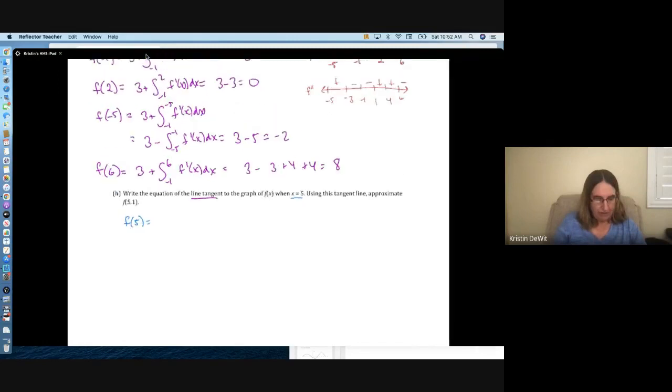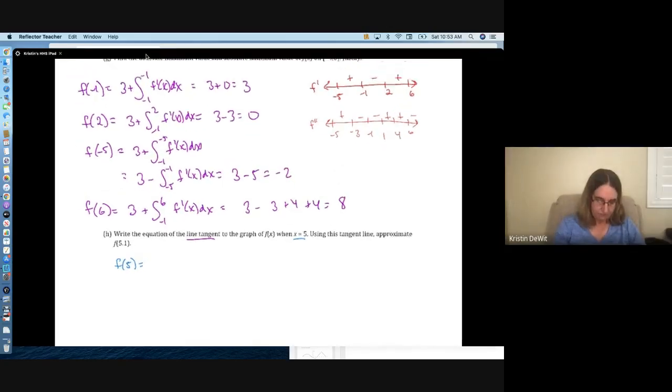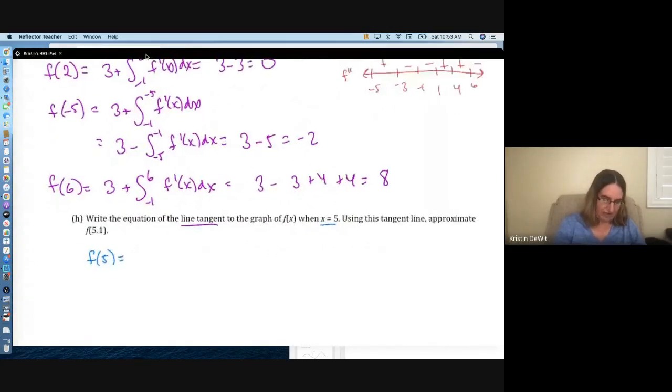So if we go back and look at what we did up above, we get a little bit sad here because I was hoping that we had already found f of 5 earlier, but we have not. So we need to do something similar to what we did in part G to find f of 5. I always make little boxes here. So we know we need to put where we started.